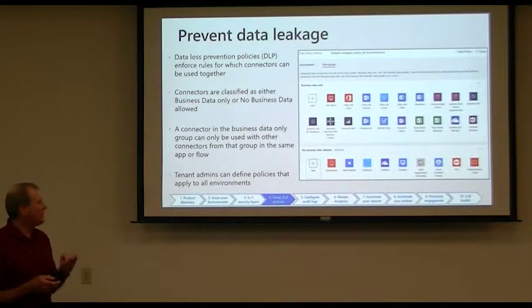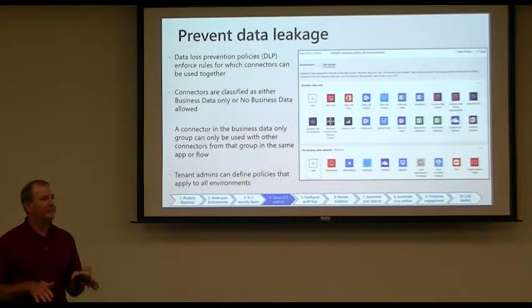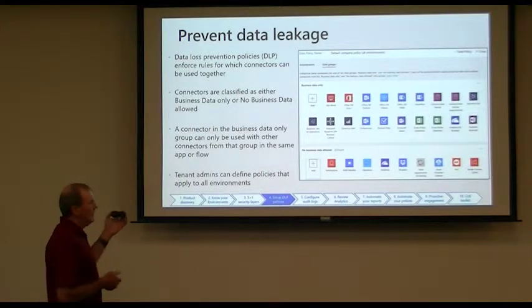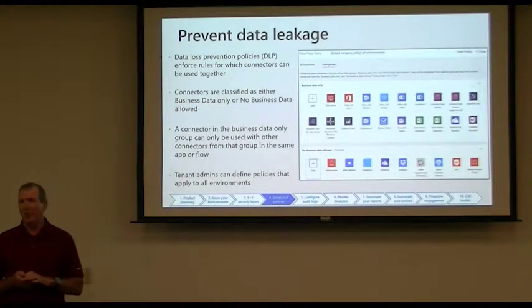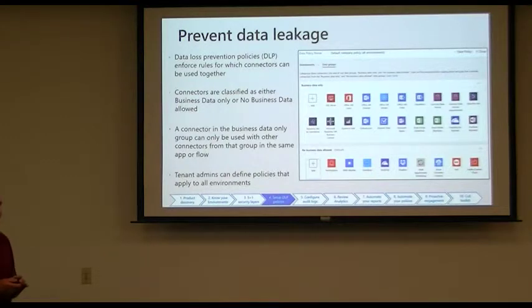One of the key points about all these connectors and about the Power Platform itself is that we don't escalate privilege ever. Whatever a user can do with Flow and Power Apps, they could do manually. It's just an automated way to do things at this point. So this allows you to set some corporate definitions around what type of connectors can communicate with the others within the same application. Okay?